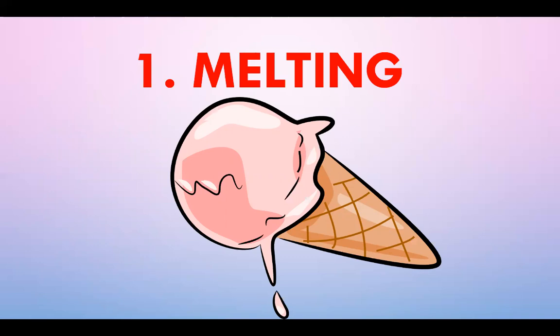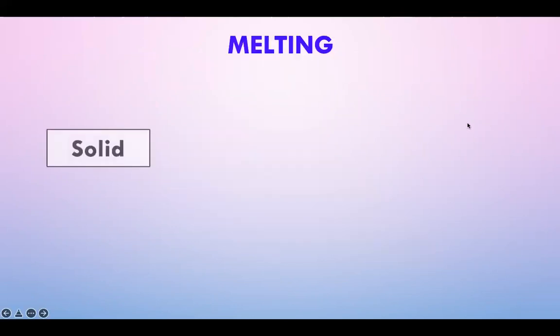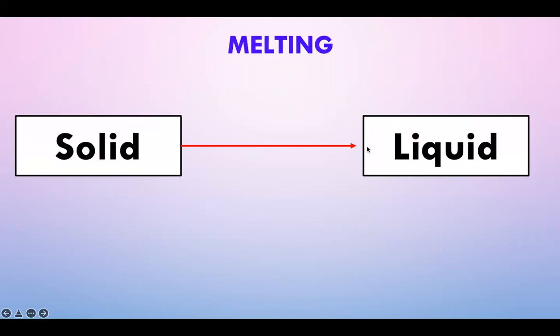The reason is ice cream maintains its state as solid when it is cooled or frozen inside the freezer. But when it comes out, when it is exposed to the room temperature, what will happen? It's a solid, it will become liquid. So we call that melting.